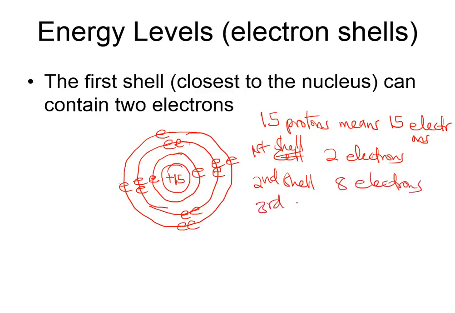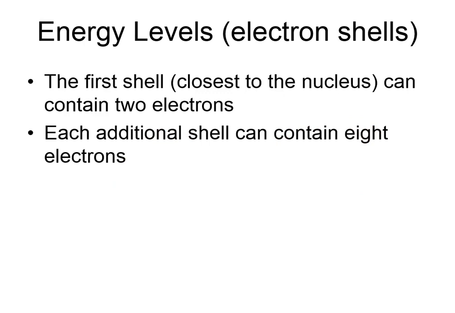Third shell, maximum 8 electrons. So really, you have your nucleus here, 2 in the first shell, 8 in the second shell, 8 in the third shell, and the numbers increase as you increase the shells of an atom. We say each additional shell contains 8 electrons.